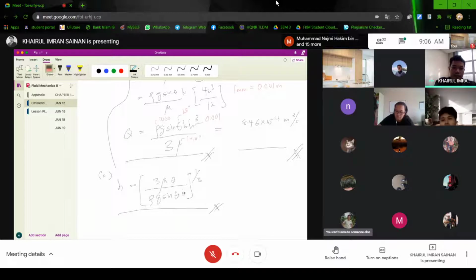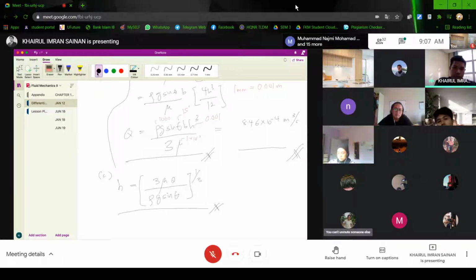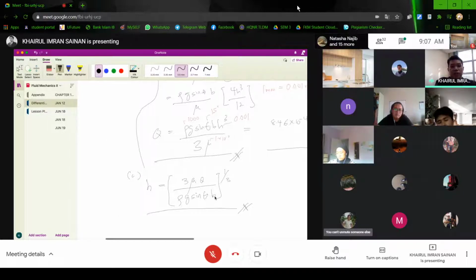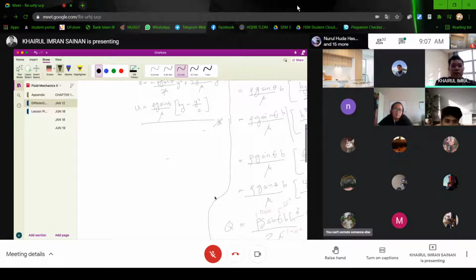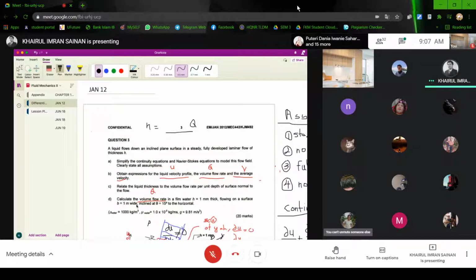Any question? Okay, if all is good, we go to D. Now D is actually calculate. This is where you need to determine the actual value. See the difference between B and D? D is calculate, or perhaps they put it as determine the value of the volume flow rate. B is obtain expressions, D is calculate.